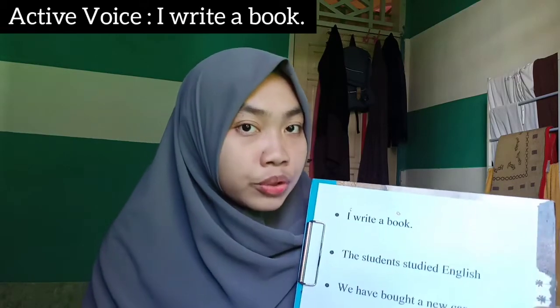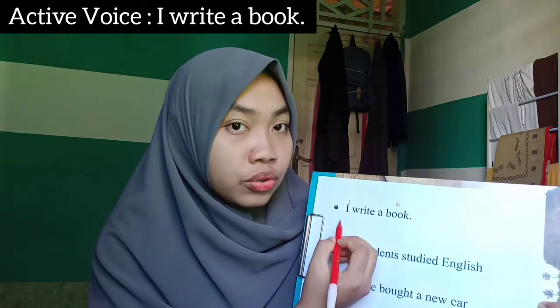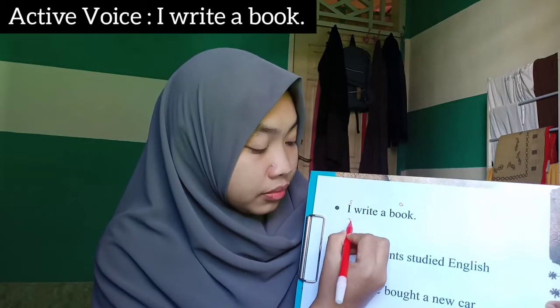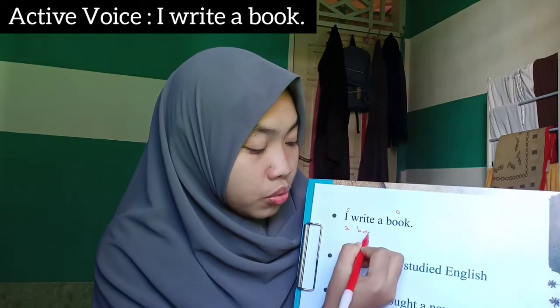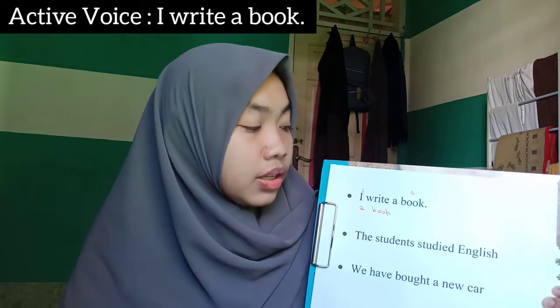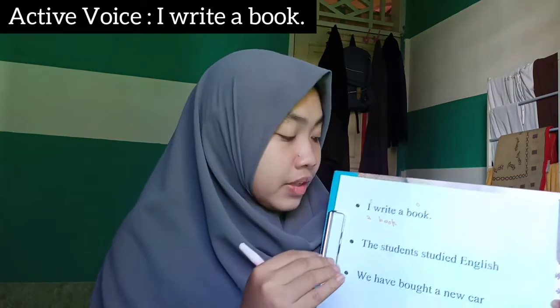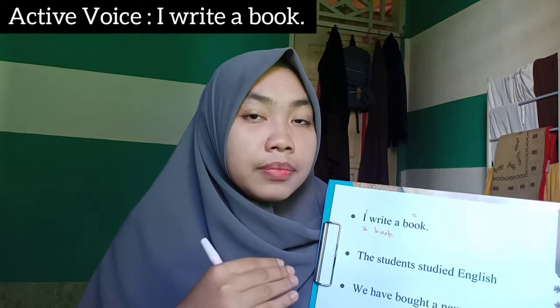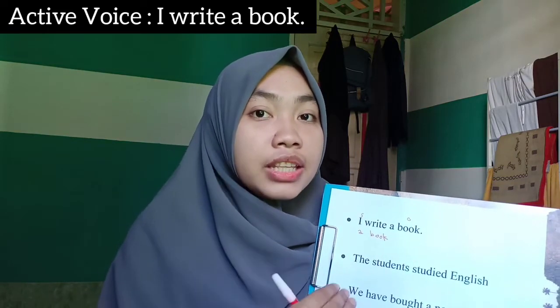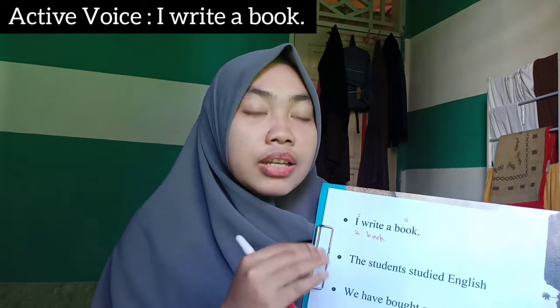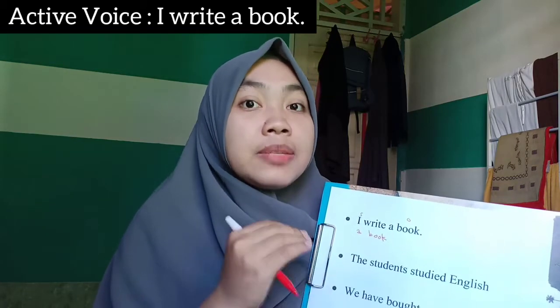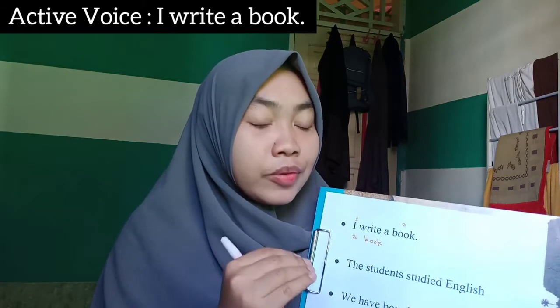So you have to put a book into the I position. A book. And next is to change the verb into passive. I already explained before that the verb form of passive voice is be plus past participle.